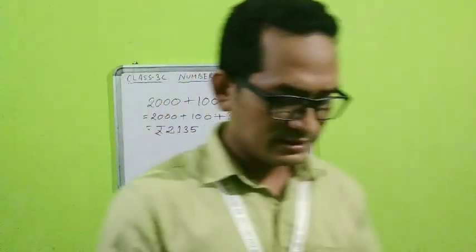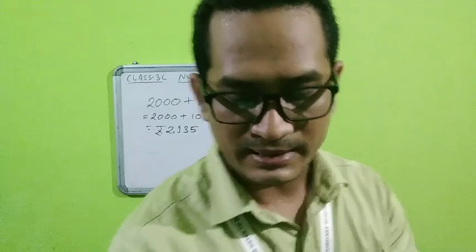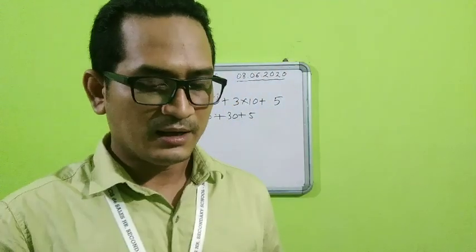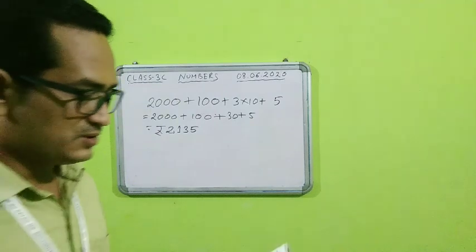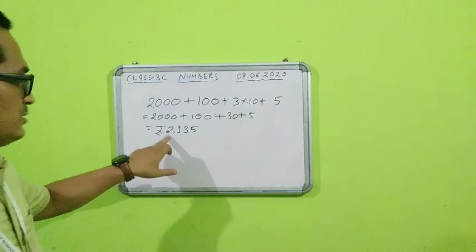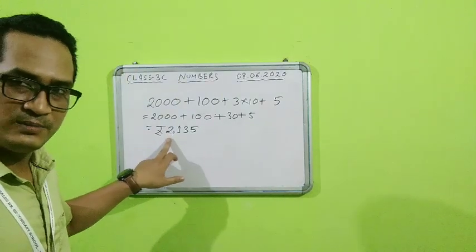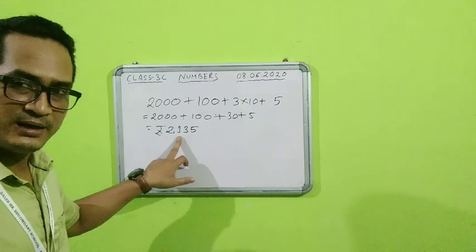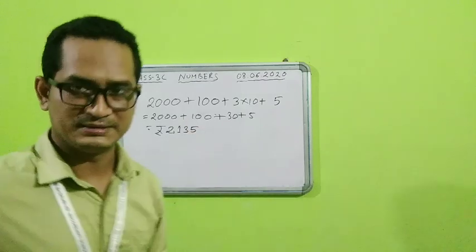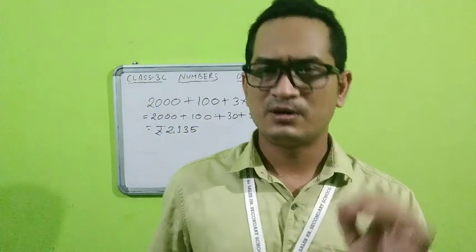This is the amount that is actually meant by the picture, that is 2135. So you can read it also: 2 thousand, 135 rupees.